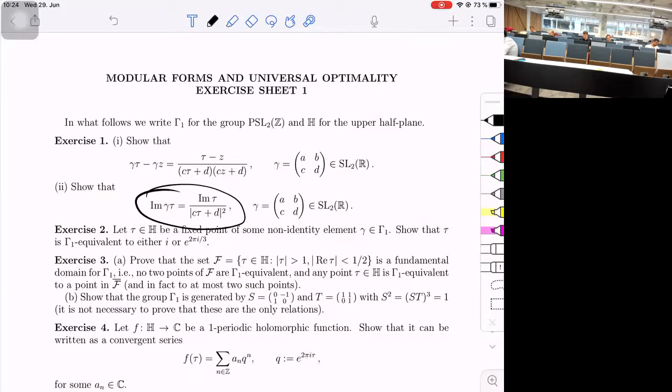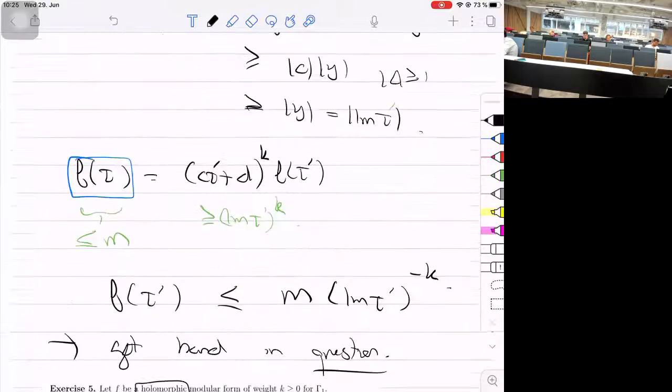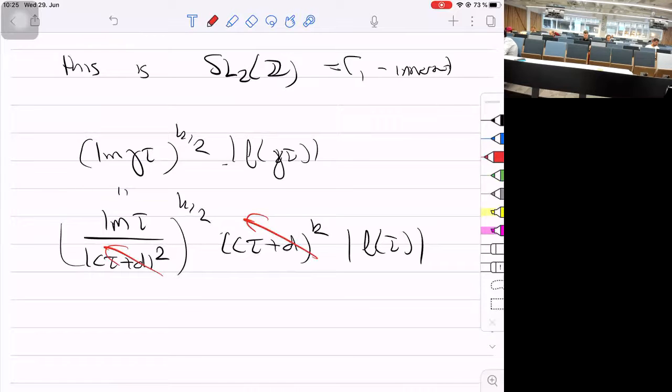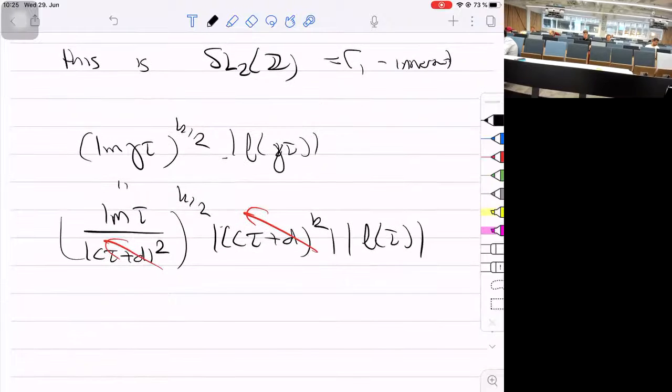I want to use this one. And then by definition, f is a modular form, so this will go to (c tau plus d) to the k times the value f of tau. And we can just cancel that with the denominator as well. So this combination does not change as you move across matrices in SL2Z.